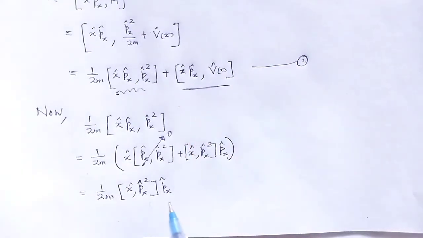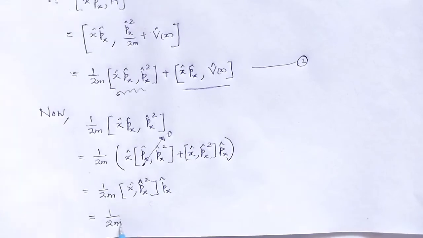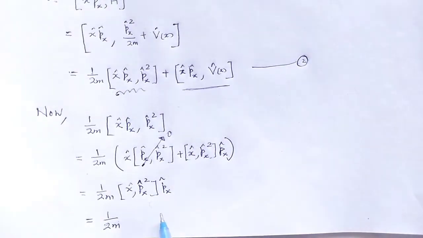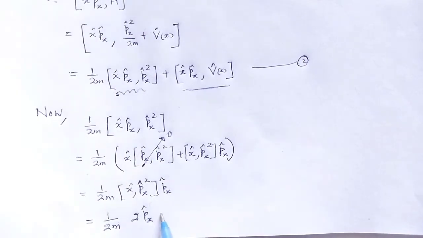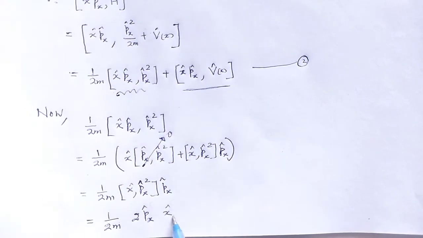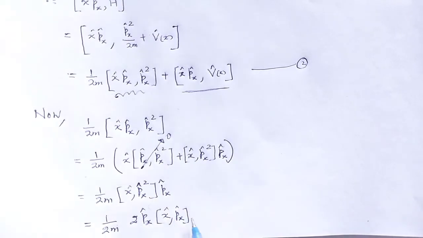Now we expand it like this: 1 by 2m, written as 2 px cap times the commutation bracket of x cap and px cap, then px cap.